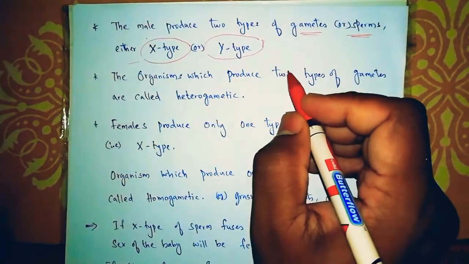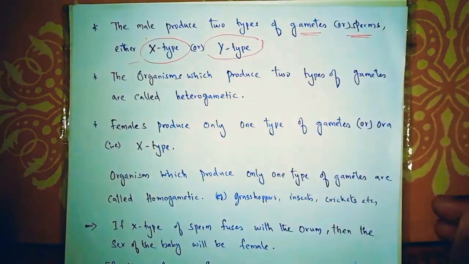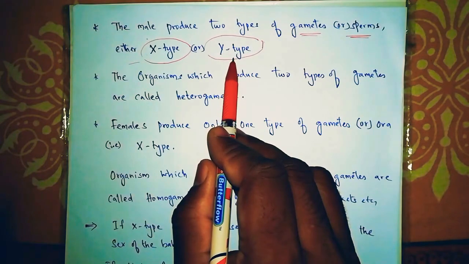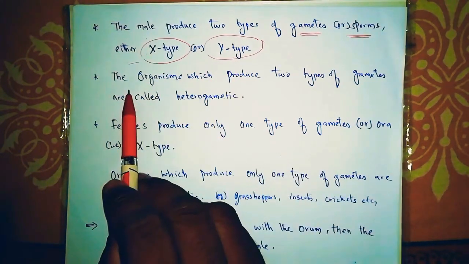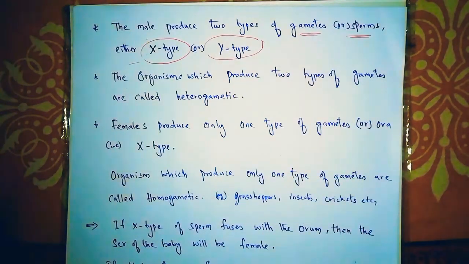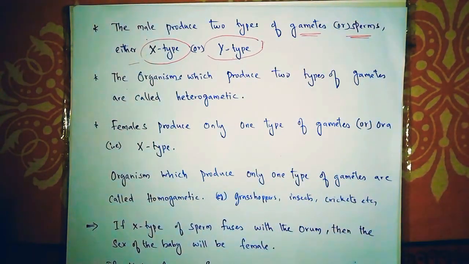So male has two types of gametes, either X or Y. The organism which produces two types of gametes is called heterogametic. You know, most organisms, even animals, produce two types of gametes.